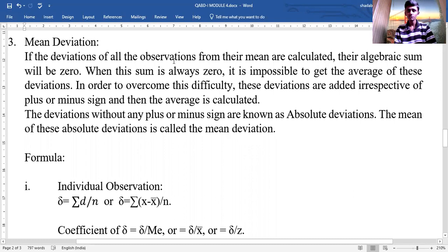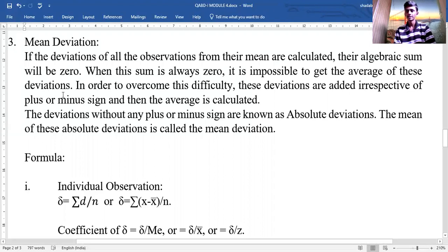If the deviations of all the observations from the mean are calculated, their algebraic sum will be 0. If we calculate the deviations from the mean, like previously what we did, that sum will be 0.